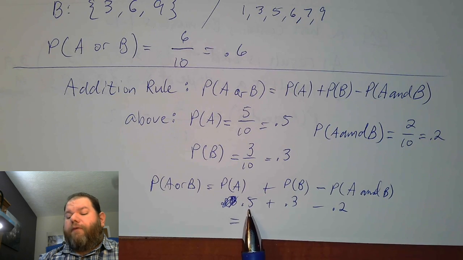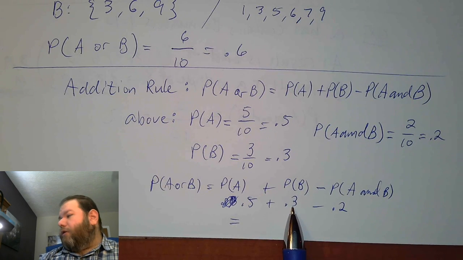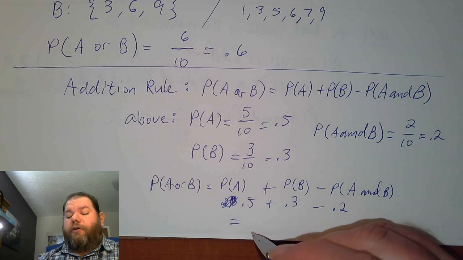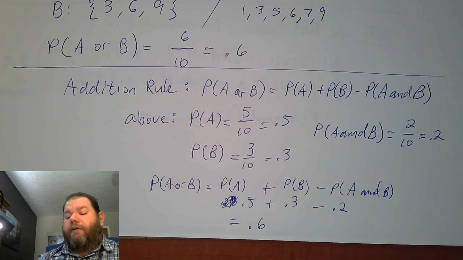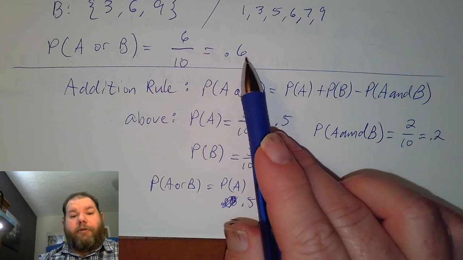And so 0.5 plus 0.3 is 0.8, minus 0.2 gives us 0.6. And notice that 0.6 is exactly the same number we got before.